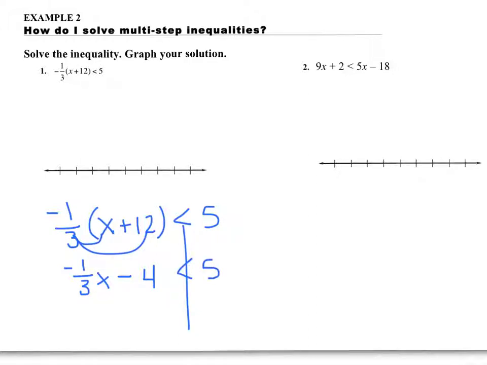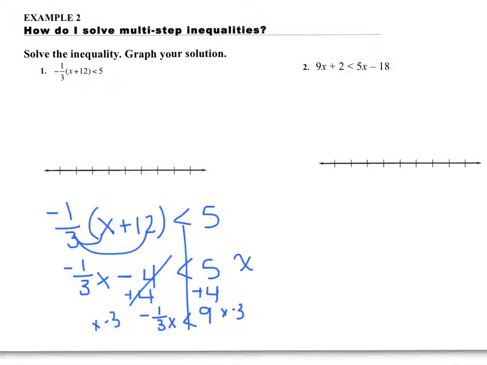All right. So now I want to add my 4 to both sides. It's going to give me a 9. So negative 1/3 x is less than 9. So now I'm going to divide by a negative 1/3, which is the same thing as multiplying by its reciprocal. So I'm going to multiply by negative 3, and now I just multiply by a negative.